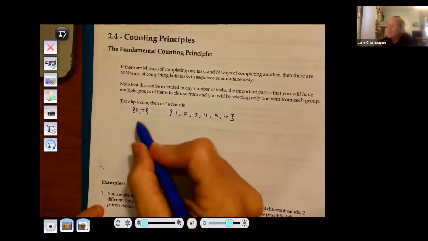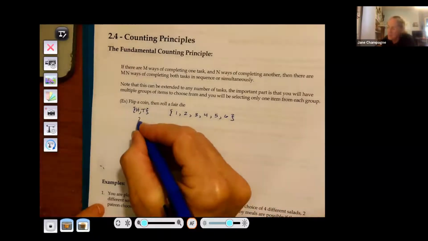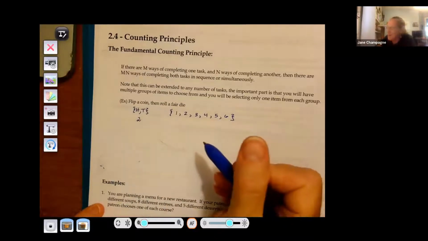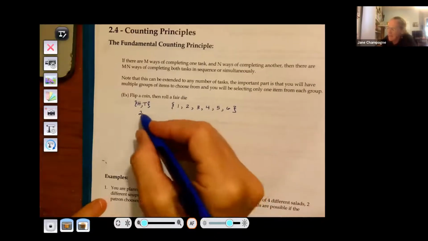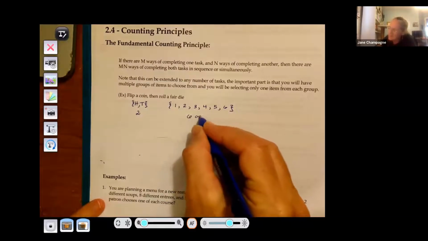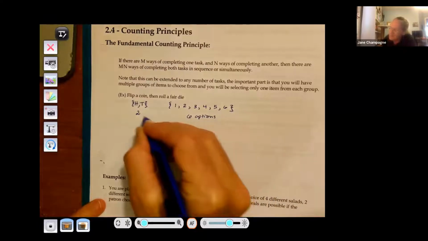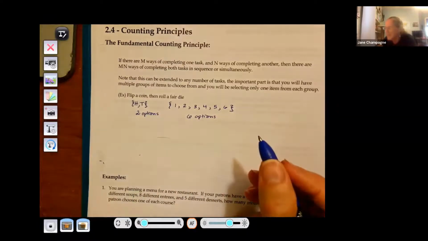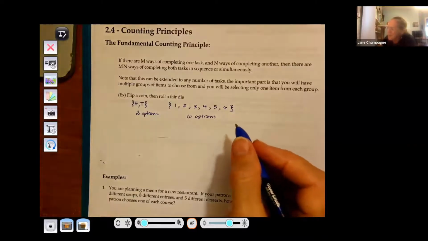So what if you do both of these? Well, there's 2 options here, or 2 ways for that coin to land. And there's 6 options here. So how many overall?